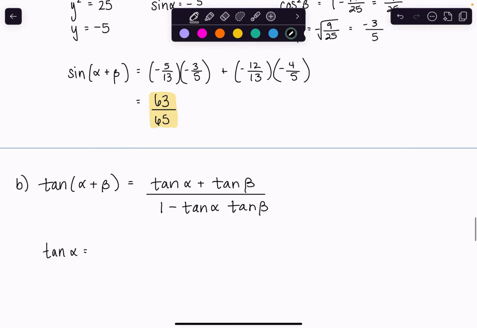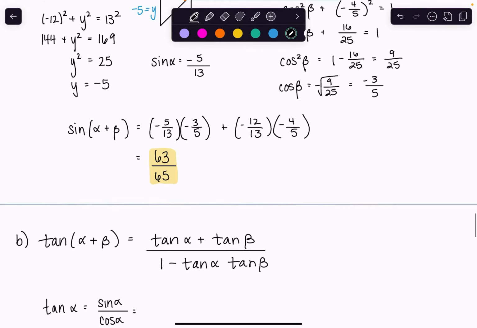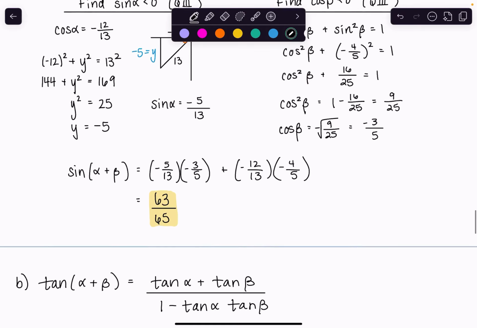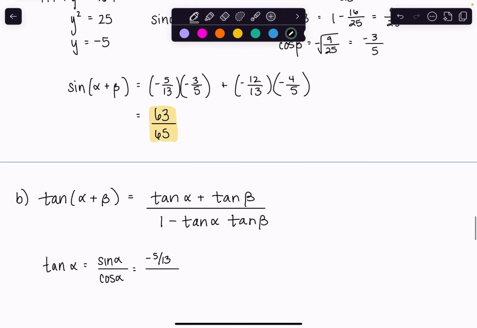So tangent of alpha is sine of alpha over cosine of alpha. Sine alpha is negative 5 over 13. And then cosine of alpha is negative 12 over 13. The 13s cancel, the minuses cancel. So tangent of alpha is going to be positive 5 over 12.